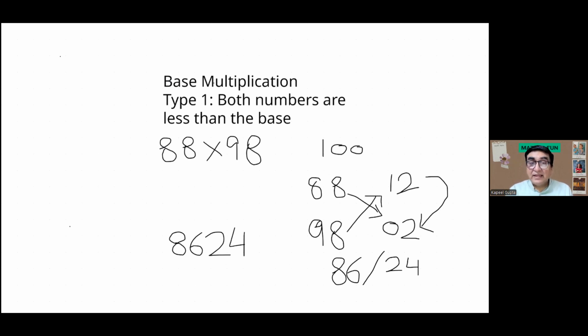Then I subtracted 98 from 100 and got 2. Then I multiplied 12 and 2 and got 24. Then I subtract crosswise: 2 from 88, or 12 from 98. In both ways I get 86. So 8624 is the final answer.